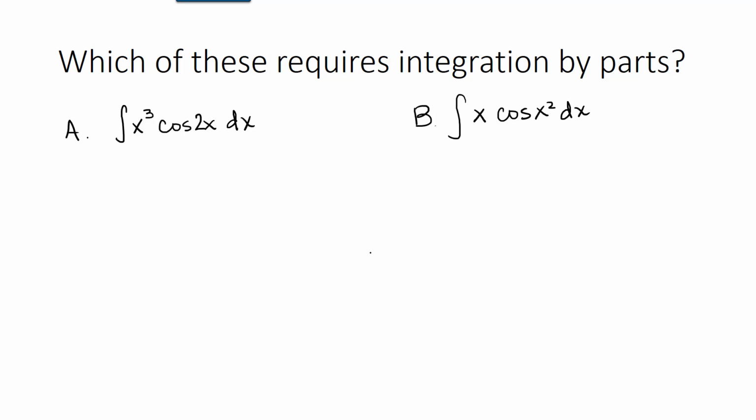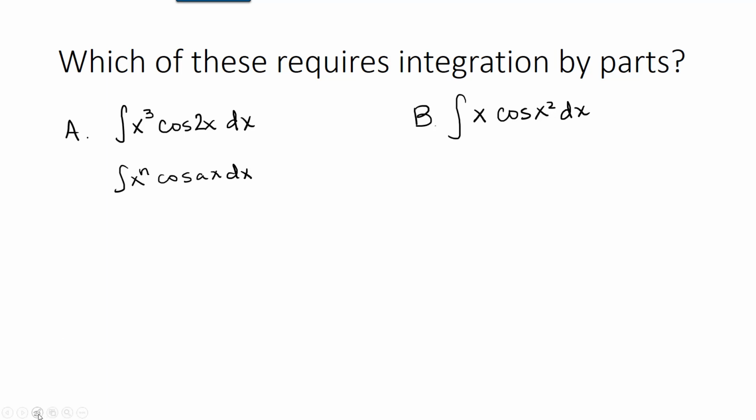Okay, so these are similar looking. They both have an algebraic function being multiplied by a trig function. All right, but if you notice, the one on the left, first of all, it fits one of the patterns that we discussed earlier, that integration by parts works for, x to the n cosine of ax dx.